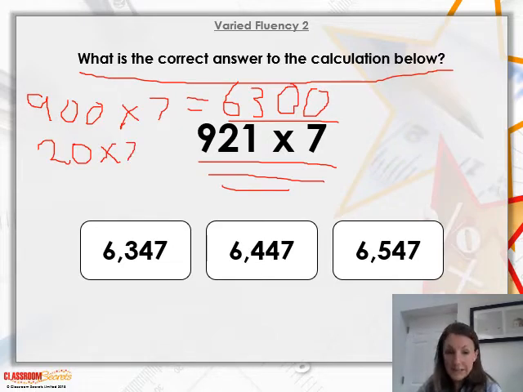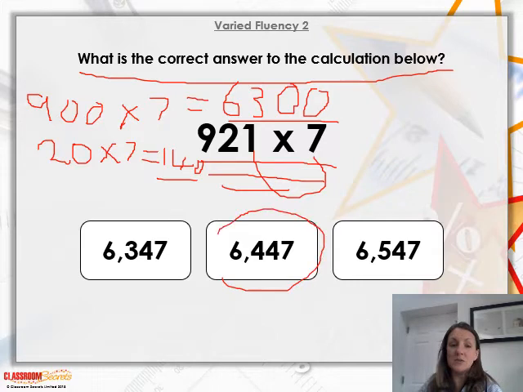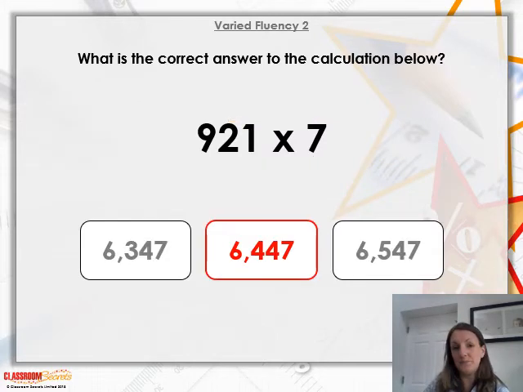So 20 times 7 is going to be 140. Okay, so looking at 6,300 plus 140, I know that that's going to be 6,440, and 1 times 7 is 7, so my answer is 6,447. Perfect.